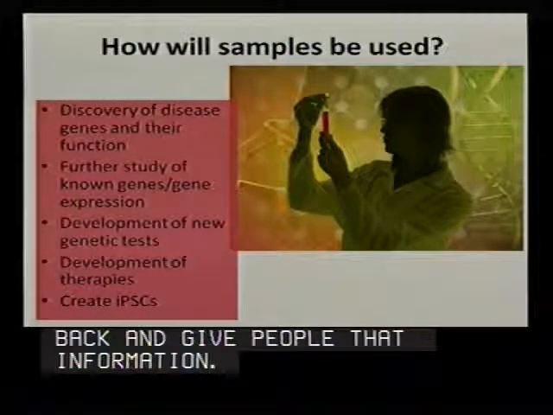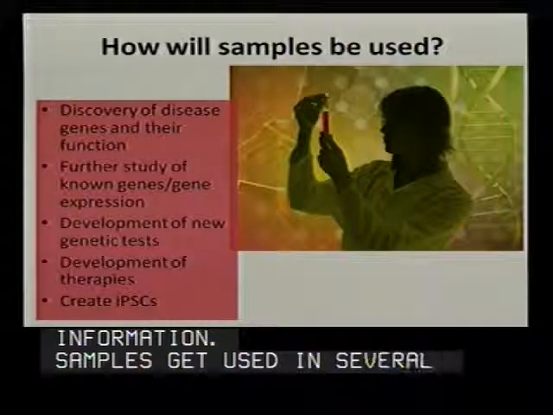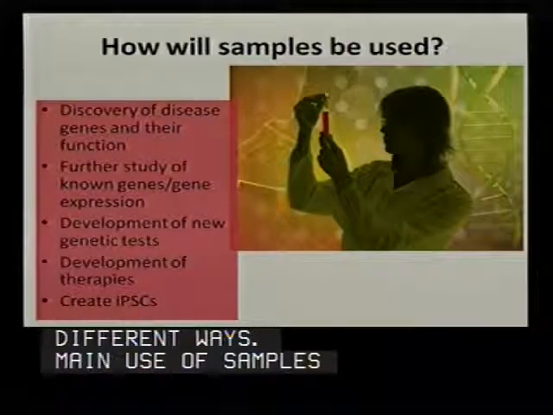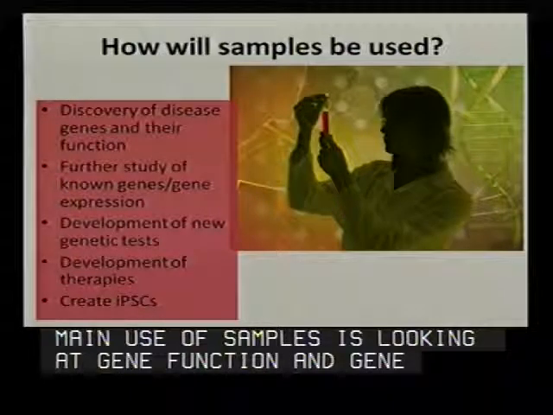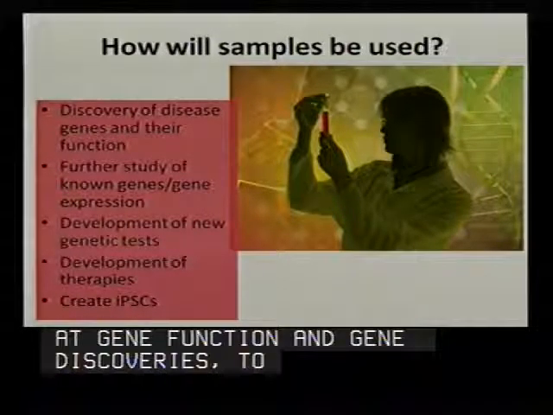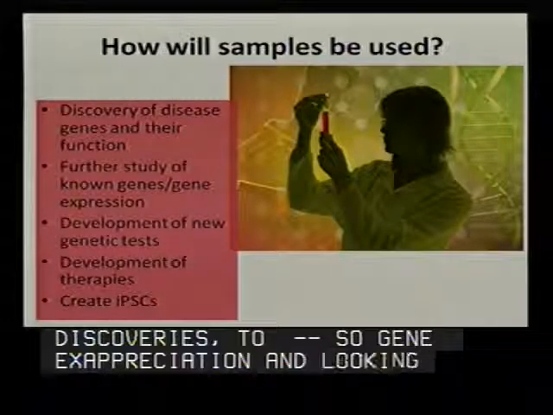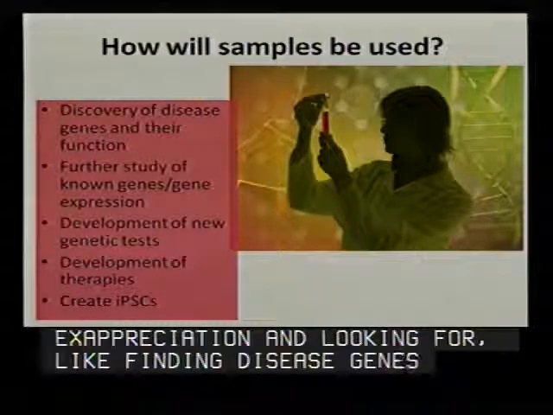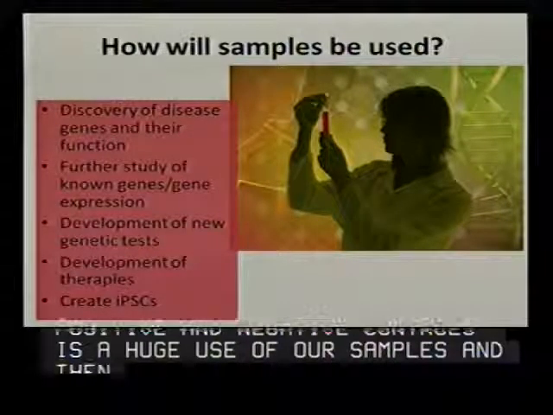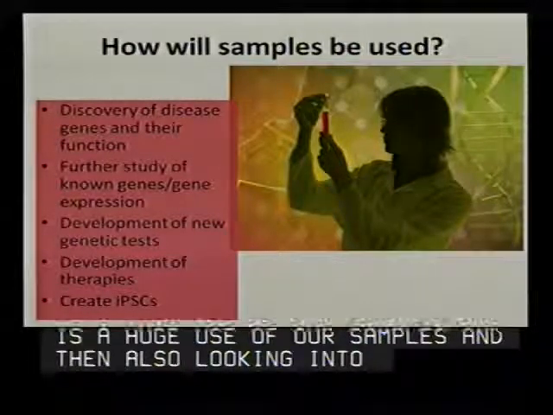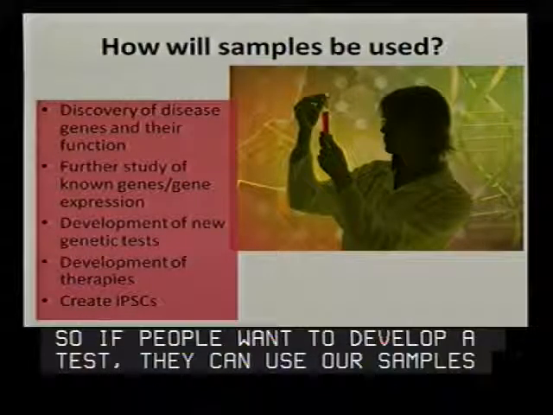Samples get used in several different ways. A main use of samples is looking at gene function and gene discovery, so gene expression, and finding disease genes. Positive and negative controls is a huge use of our samples. And then also developing new genetic tests. So if people want to develop a test, they can use our samples to figure out if they're detecting what they want to detect or not.